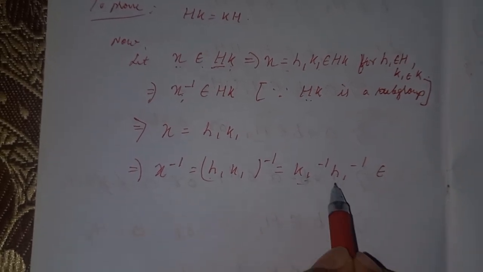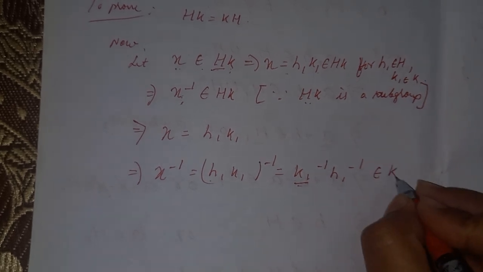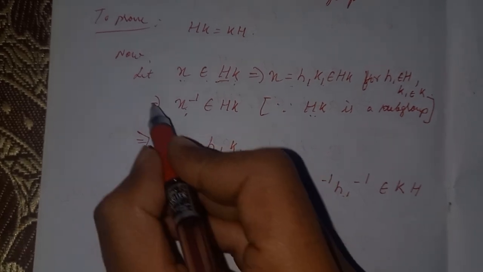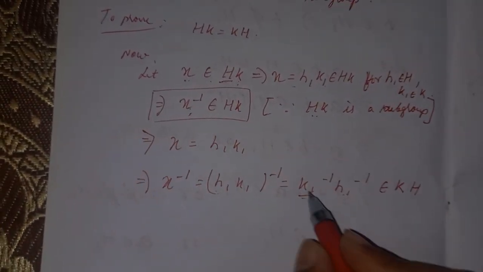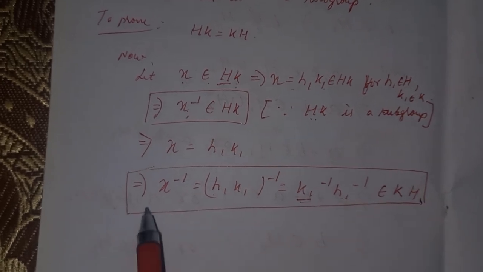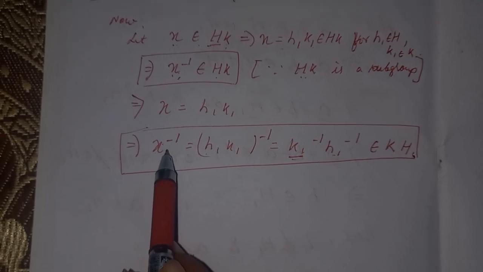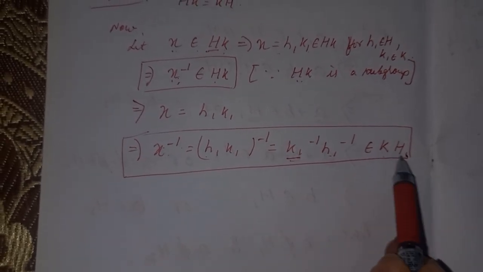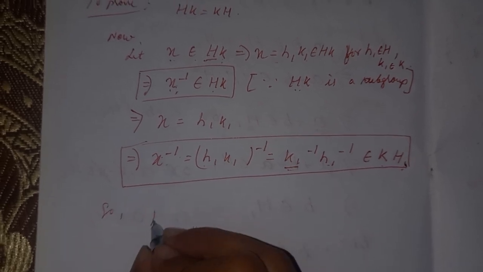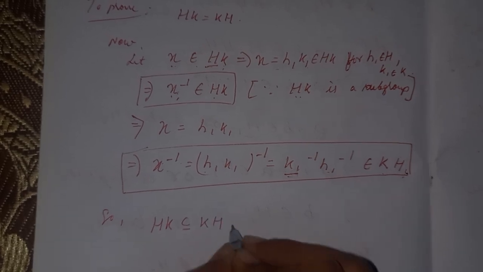So from here we can see that the first element is from K and the second element is from H. So from this condition and this condition we can see that x inverse belongs to HK, and from this condition we can see that x inverse belongs to KH. So we can see that HK is a subset of KH.